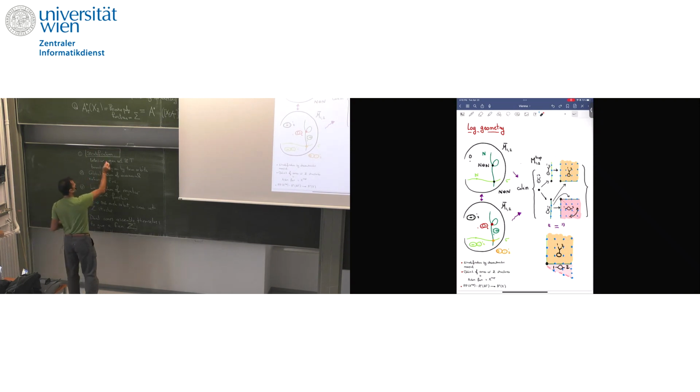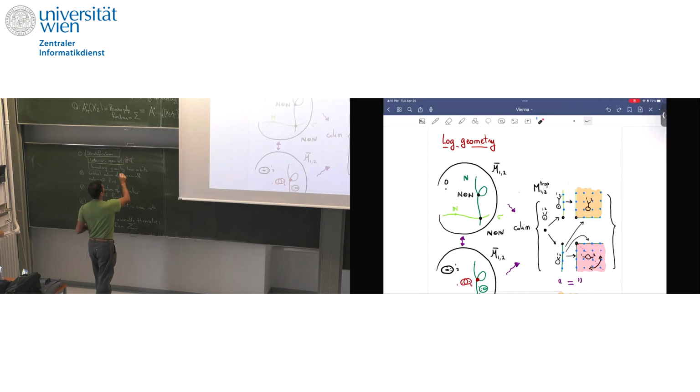The interior is still an open set, which is certainly no longer necessarily isomorphic to a torus. And we have a boundary, which is now no longer given by torus orbits, but the boundary stratification is given by what are called characteristic monoids of the log structure.